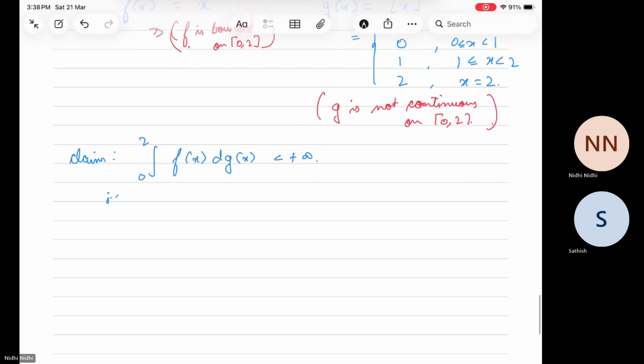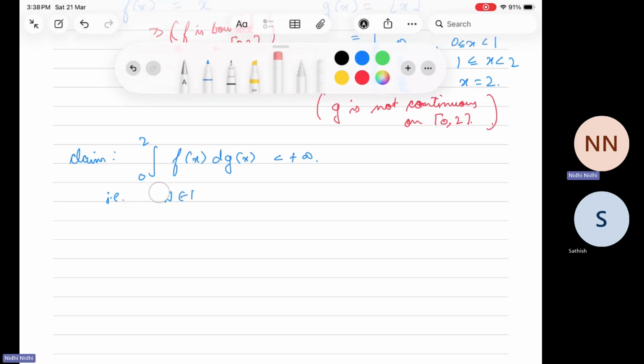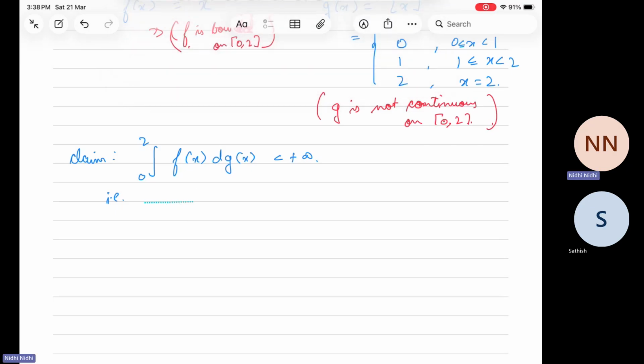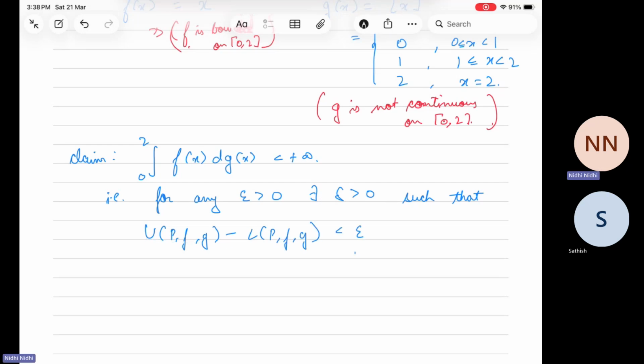That means for any epsilon positive, there exists a delta positive such that U(P, f, g) minus L(P, f, g) is less than epsilon whenever the norm of P is less than delta.